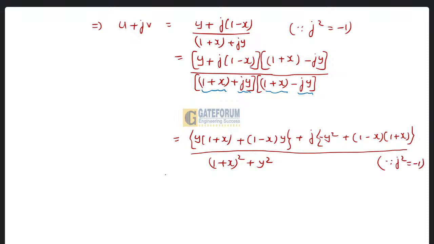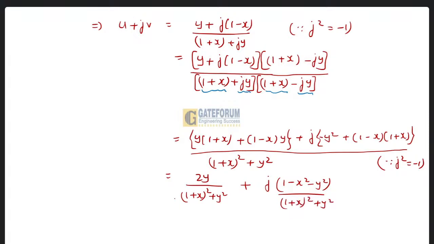Now separating into real and imaginary parts, y common, 1 plus x and 1 minus x simplifies to 2, so 2y divided by the denominator 1 plus x whole square plus y square is the real part, plus j times the numerator, which is 1 minus x square minus y square, divided by the denominator 1 plus x whole square plus y square.